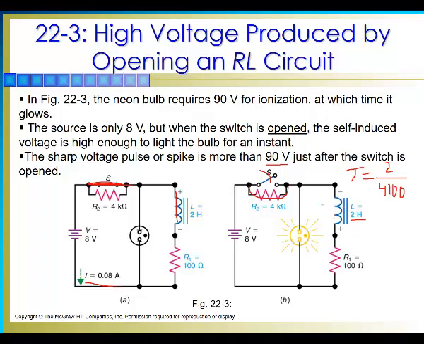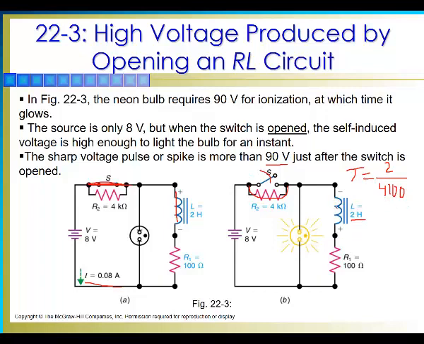Okay, that's why if we have only 8 volts applied here with the switch closed, the 8 volts goes to this resistor, so the current is only going to be 0.08. However, if we open this circuit, the resistance becomes very high in here, and then the time constant is going to be very, very small.